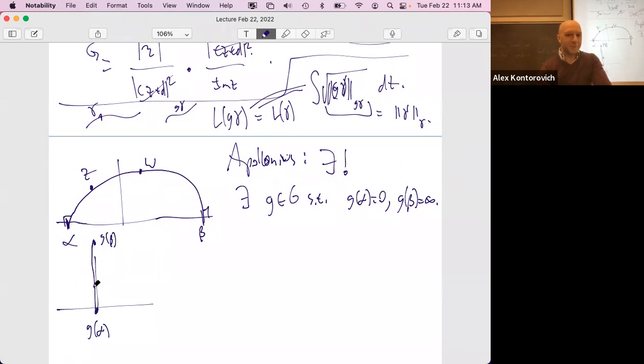Of course, Z was somewhere here, W was somewhere there. We already know that this is the geodesic, and we know what its distance is. This curve is the image of this line once we go backwards.